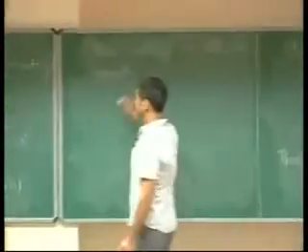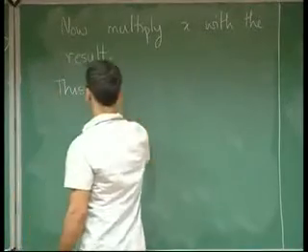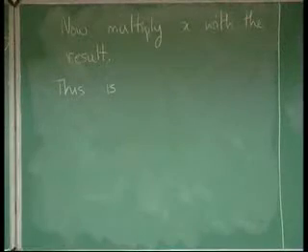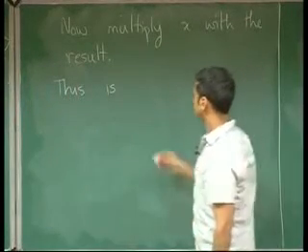Okay, so this leaves us with an efficient implementation of U sub a raised to 2 to the i, which is what we wanted to accomplish.